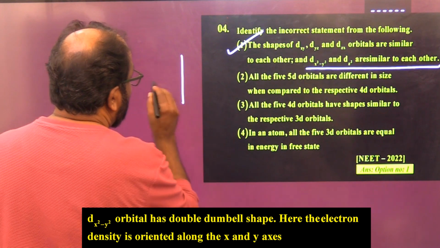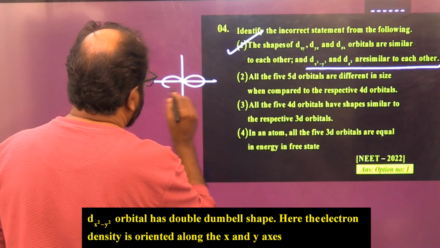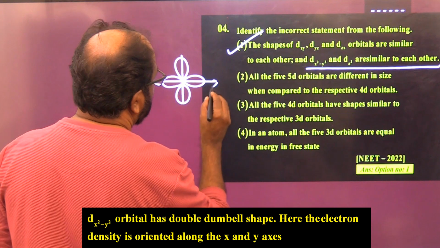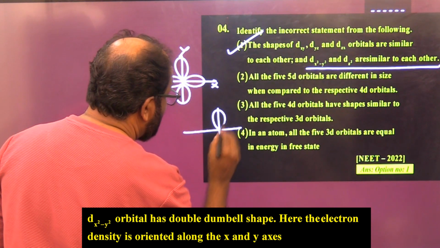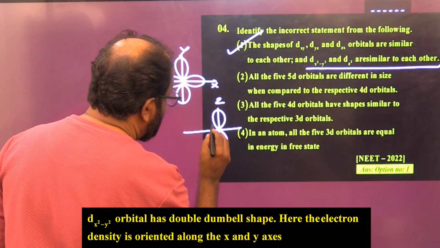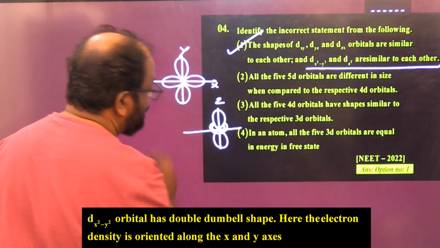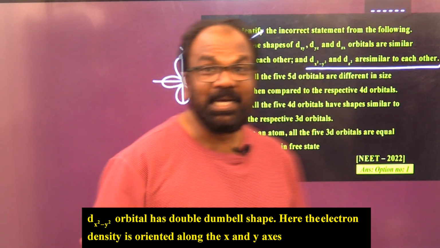This is the shape of dx square minus y square. And the shape of dz square is such that electron density is distributed along z axis and in the xy plane like this. That is, these 2 orbitals have different shapes.